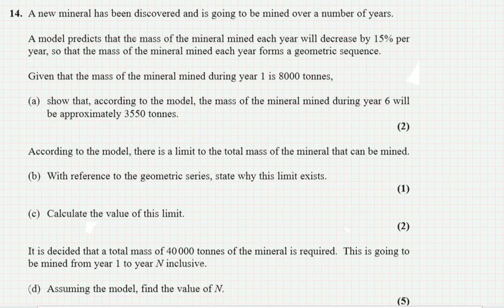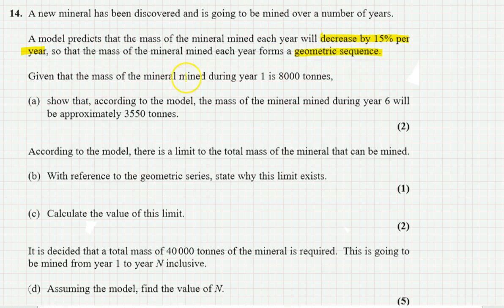Question number 14. A new mineral has been discovered and it's going to be mined over a number of years. Our model predicts that the mass of the mineral mined each year will decrease by 15%. So it is decreasing by 15% per year, so that the mass of the mineral mined each year forms a geometric sequence.